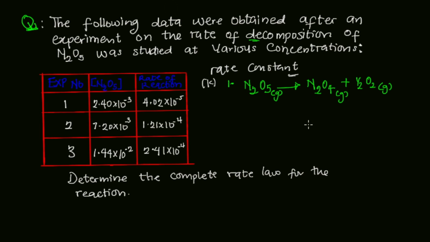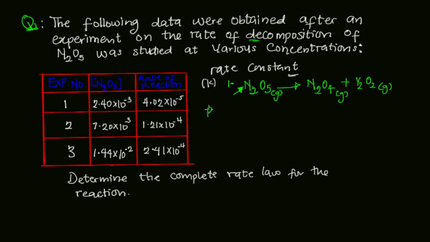After writing it out, the first thing to note is that we have a single reactant in this case. That shows that we'll be working with respect to this single reactant. Now the next step is to write out the rate expression.